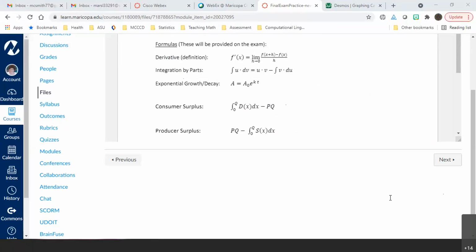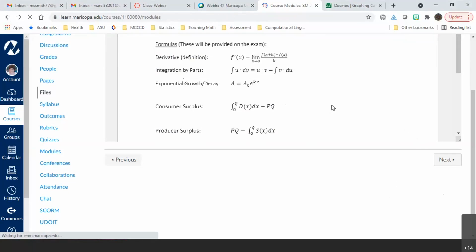Bad enough it's timed. I'm not going to restrict what you can use. Timed exams online are stressful. Believe me, I understand. I've taken my share of them. So here you have whatever you need.